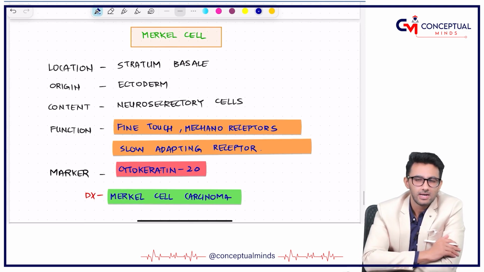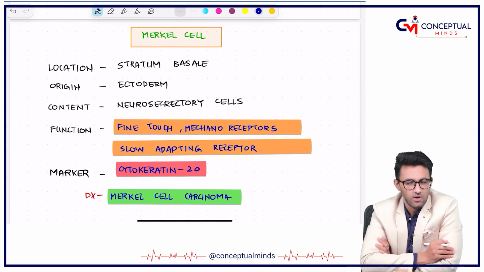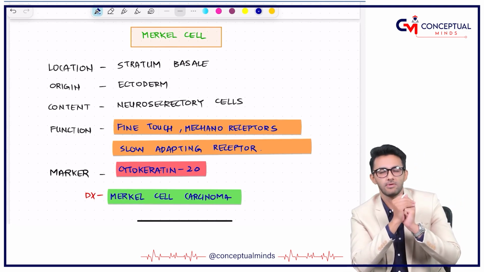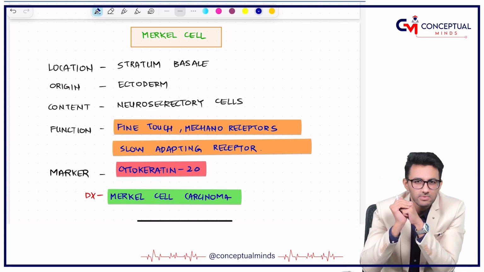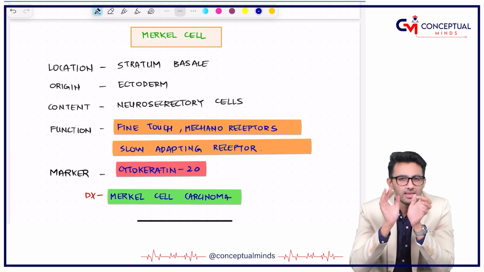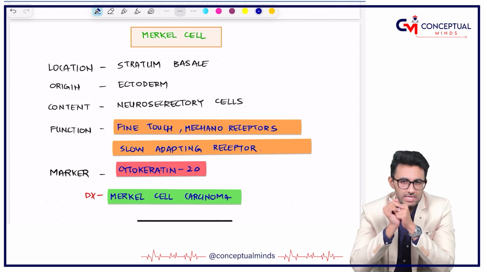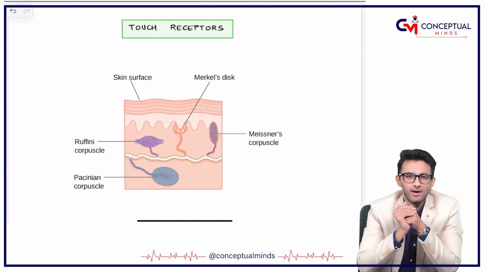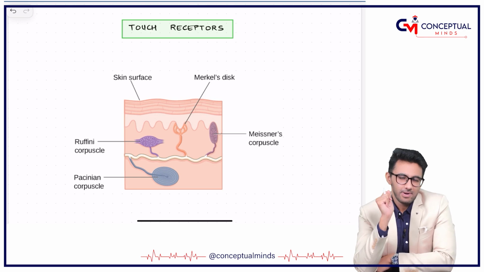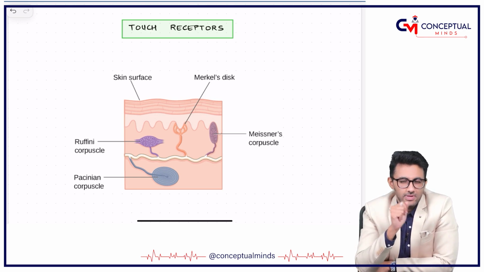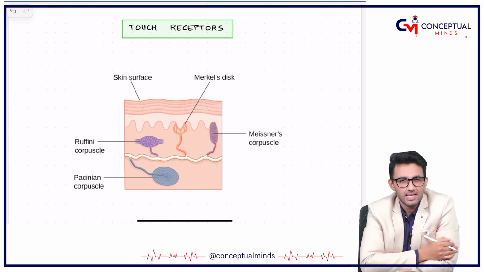So all the cells of the epidermis are completed now. Now we will connect a little bit of physiology to it. We just got done with Merkel cells, and those cells were responsible for fine touch and two-point discrimination, which will come in the list below as well.